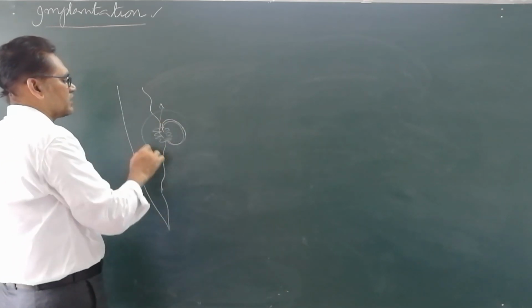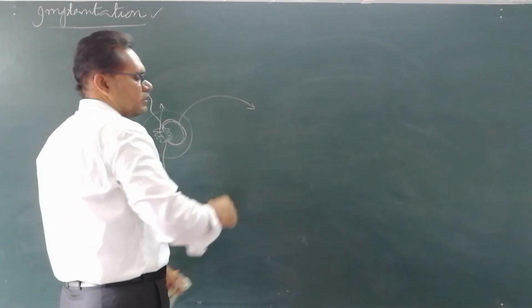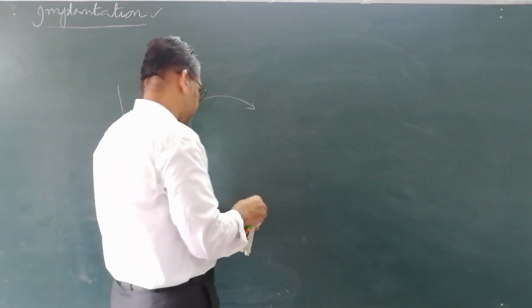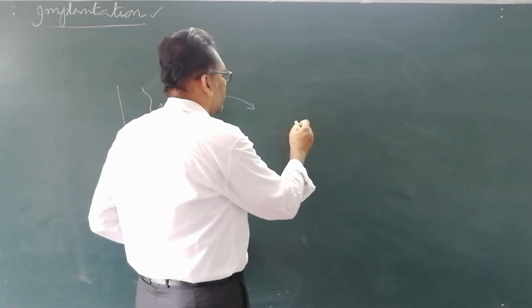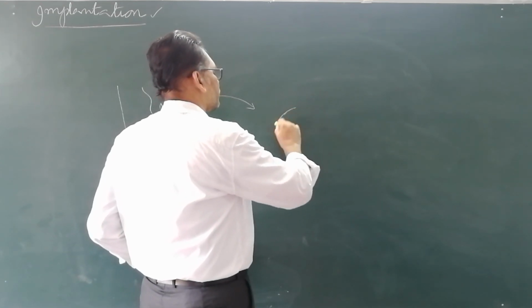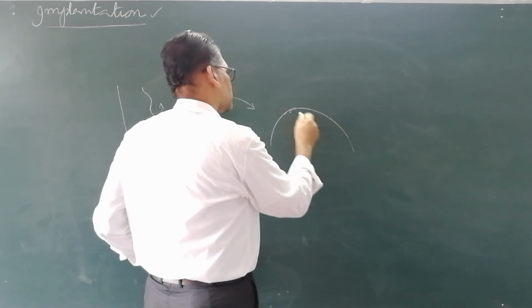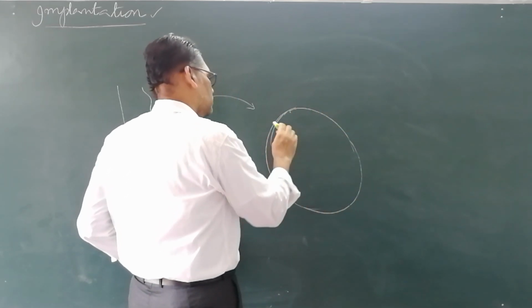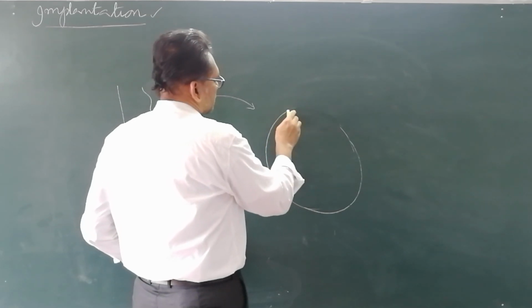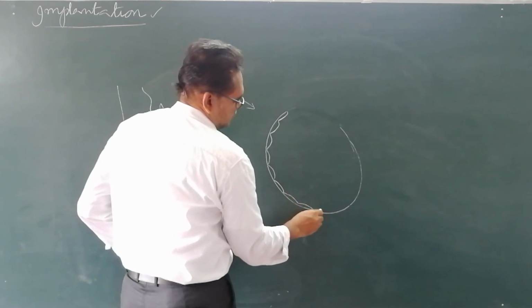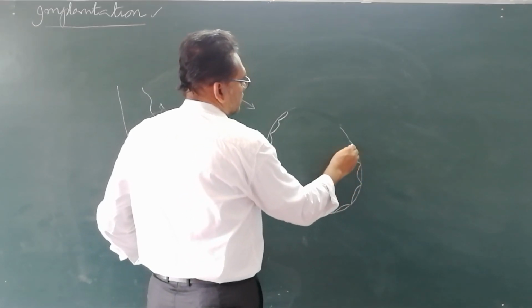Now, if we take this out and place it here, how does it appear? This is the cytotrophoblast, the outer layer.